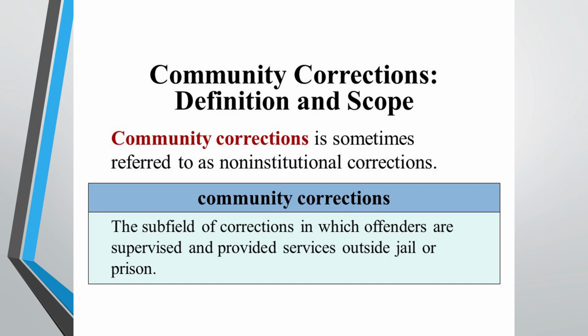Does that mean that their sentence stops? No, it just means that, like probation, they are able to stay out in the community without being behind bars. So, in a sense, it's like giving them a chance to get out early to see if they can do right. So, that is all part of the scope of community corrections.